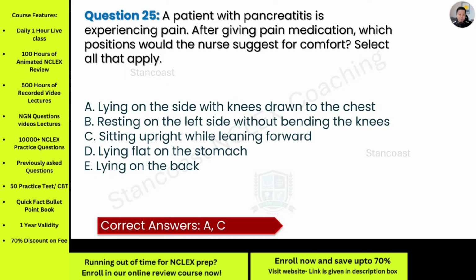The supine or the prone positions are typically uncomfortable due to the increased pancreatic pressure against the abdominal wall. So your strategy here is to focus on how different positions affect the abdominal pressure. Eliminate those options that increase the pressure on the inflamed pancreas.